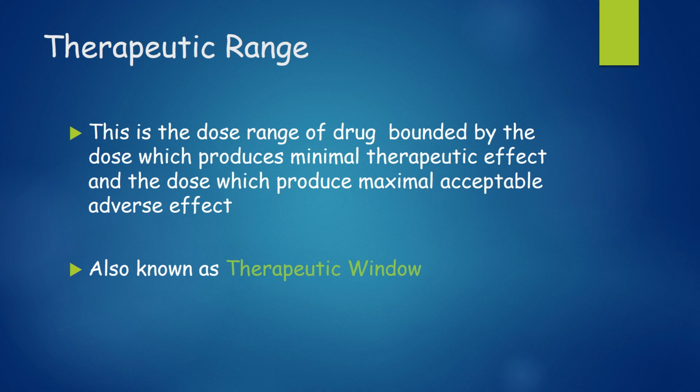The range between those is known as the therapeutic range or therapeutic window. Therapeutic index is something different. You have to understand the difference between therapeutic index and therapeutic range here. The range is somewhat bigger than the therapeutic index. Okay.